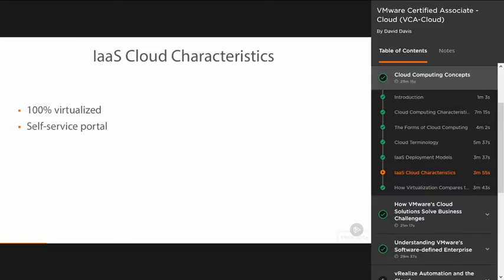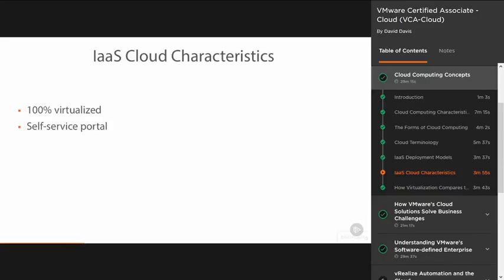The second one is that it has to have some sort of self-service. Just giving someone access to the vSphere client doesn't make it an infrastructure as a service cloud. You need some sort of automation and self-service portal where the complexities of traditional virtualization administration can be abstracted away and new applications can be deployed within minutes.